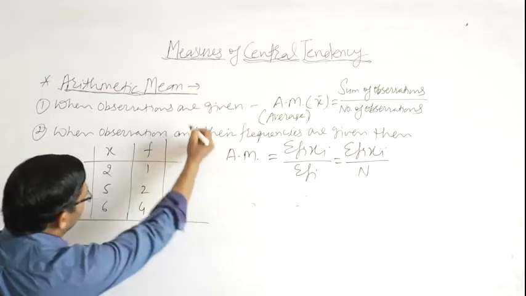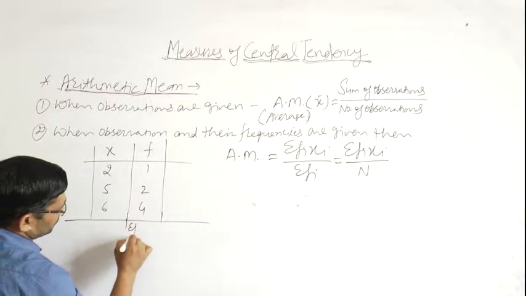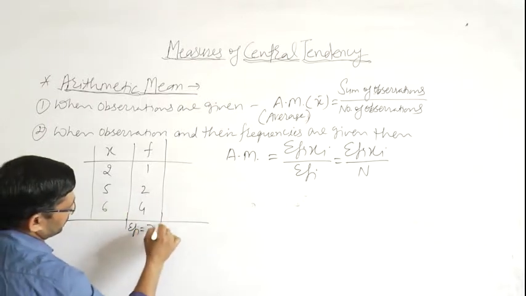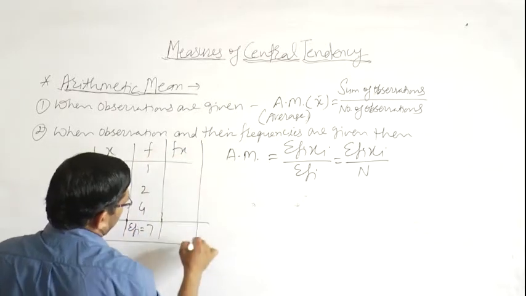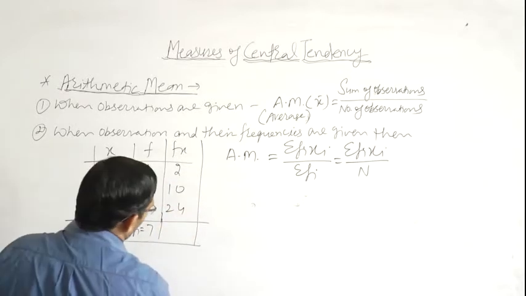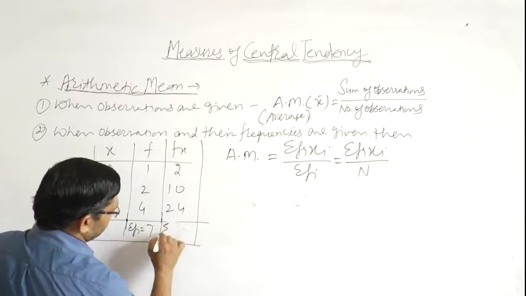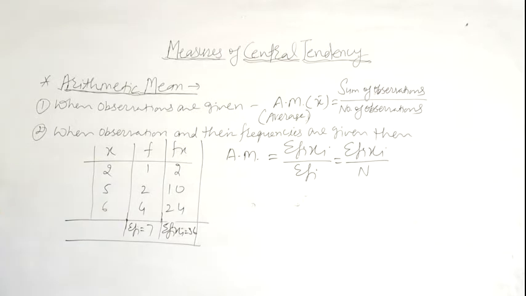Suppose in this example, if we want to find sigma f, that is 4 plus 2 is 6, and 1 is 7. And fx: 2 ones are 2, 5 twos are 10, 6 fours are 24, that is 36. This is sigma fi xi equal to 36.